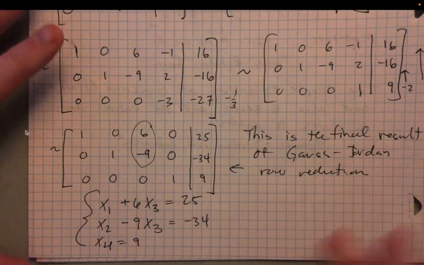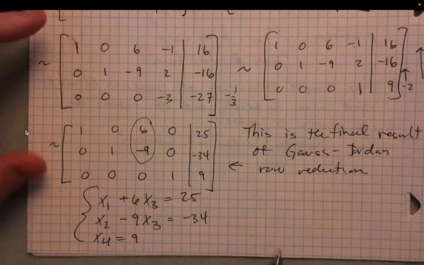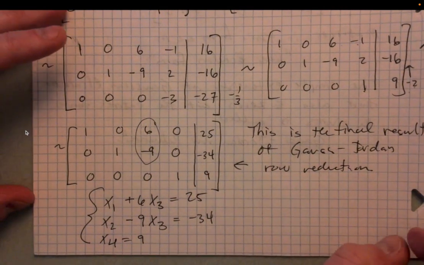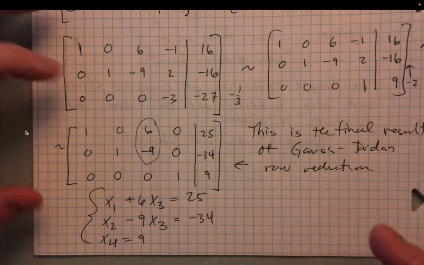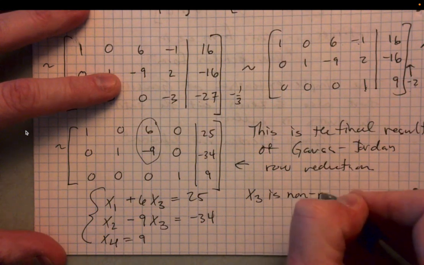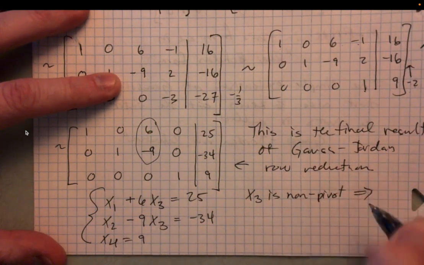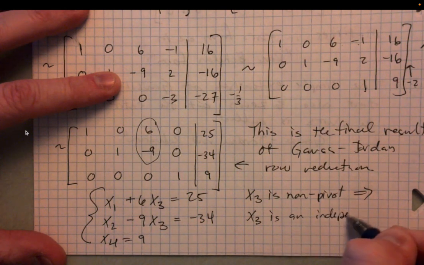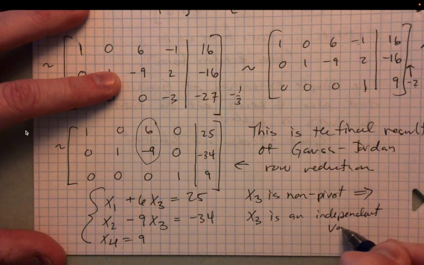And so looking at this, we can see that x3 is our only non-pivot variable, right? So x3, if it's a non-pivot variable, that means it's an independent variable. So x3 is non-pivot, right? So x3 is an independent variable.